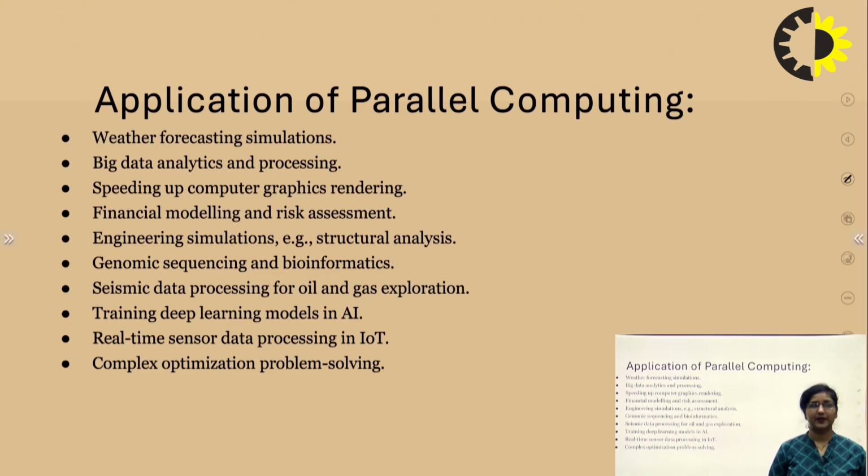Now, there are various applications of parallel computing, like weather forecasting simulations, big data analytics and processing, speeding up computer graphics rendering, like I have given the example of that movie as well, financial modeling and risk assessment, engineering simulations like structural analysis, genomic sequencing and bioinformatics, seismic data processing for oil and gas exploration, training deep learning models in AI, real-time sensor data processing in IoT, and complex optimization problem solving.